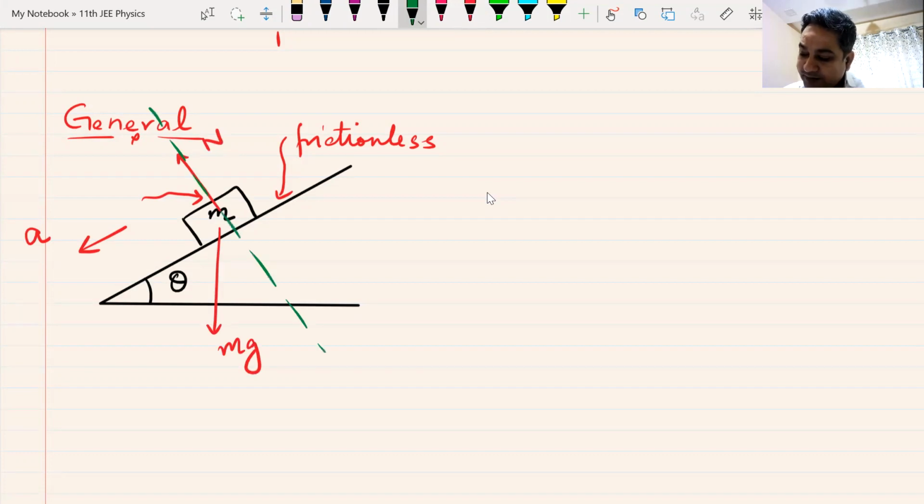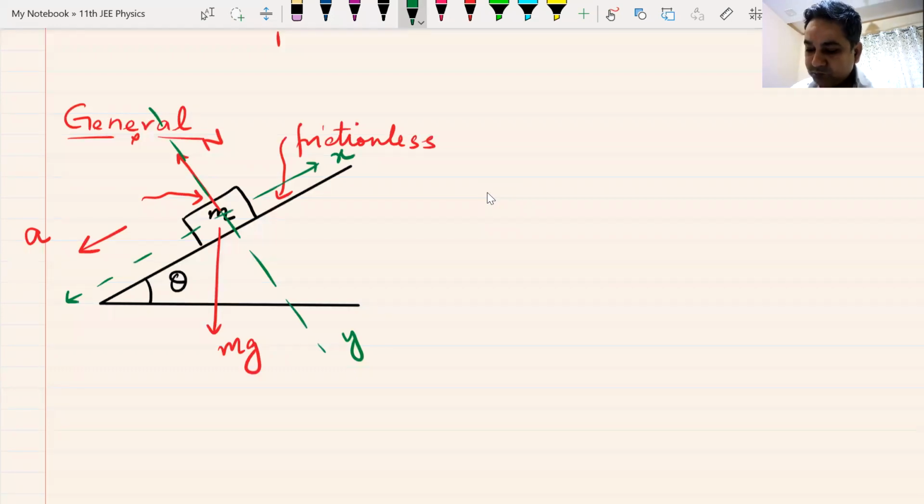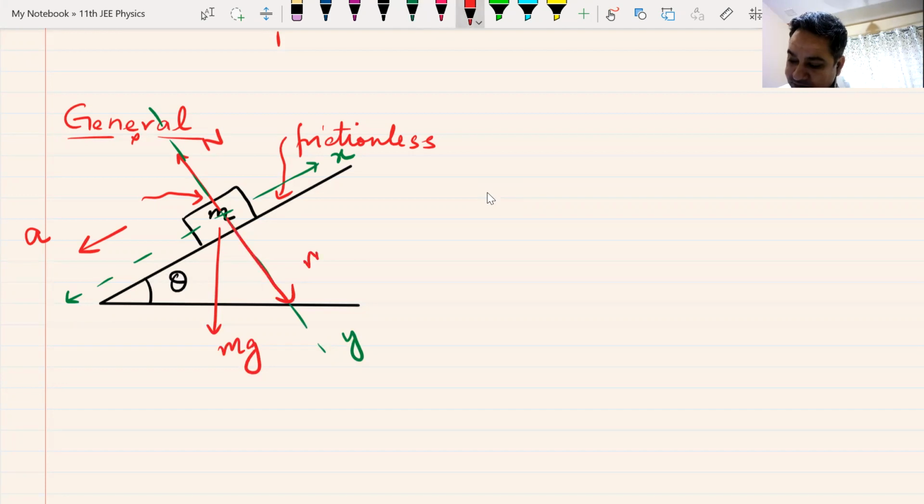This will be your y-axis. This will be your x-axis. You will resolve the force. This will be mg cos theta. This would be mg sin theta.